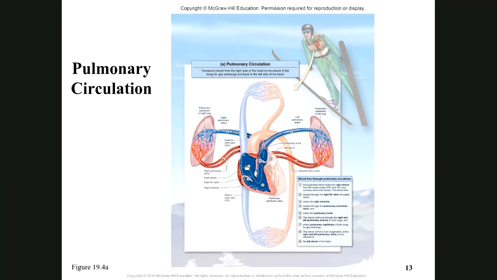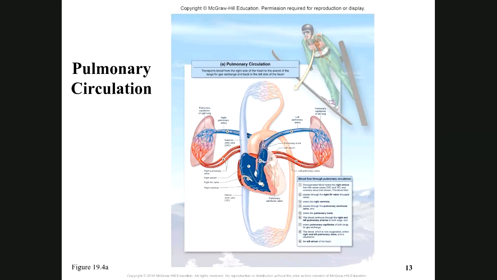After that, this blood passes the AV valve, the right AV valve, and comes to the left ventricle. Sorry, right ventricle. Then, when the right ventricle contracts, it sends blood to the pulmonary trunk.